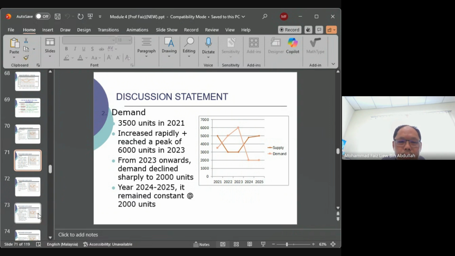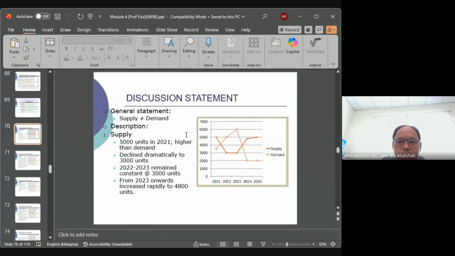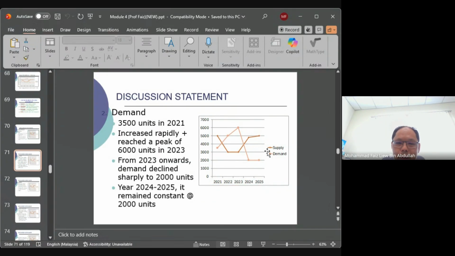And then if you want to explain more, you can separate it, because this graph now has two things: supply and demand. You can write something general for both together, or you can have this graph and talk about demand only. So this is more of an elaboration of the discussion. We talk about demand only.